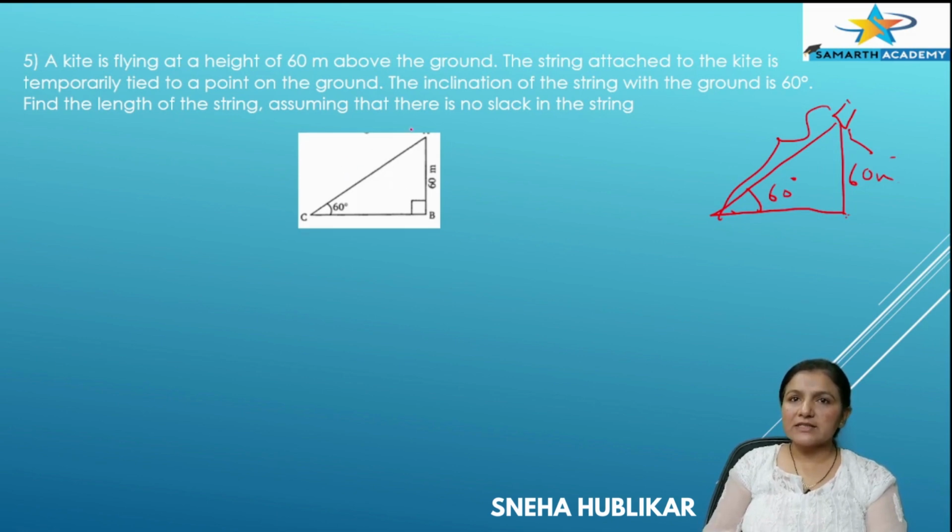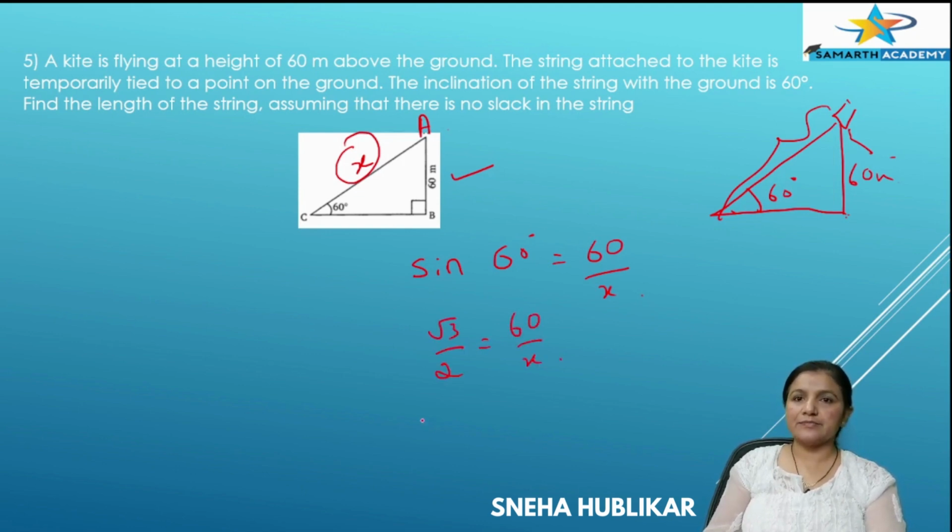So what is asked? Let the triangle be ABC. AC is asked. Let the AC be x. Opposite side is given. Hypotenuse is asked. What is the trigonometric ratio? Sine 60 degree is equal to opposite by hypotenuse. Sine 60 is what? Root 3 by 2 equal to 60 by x.